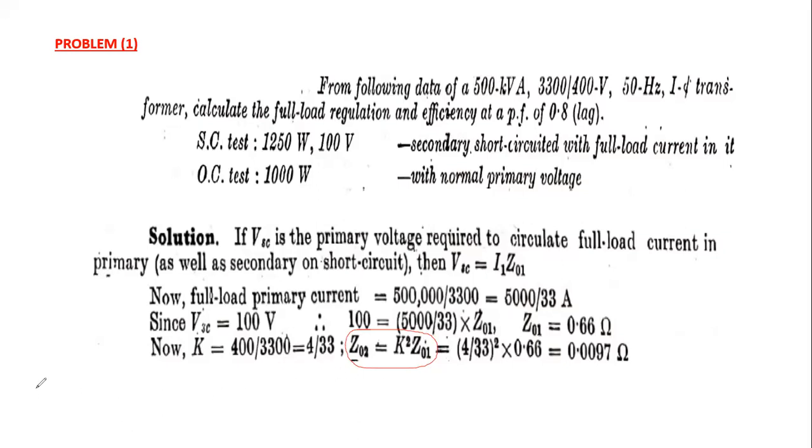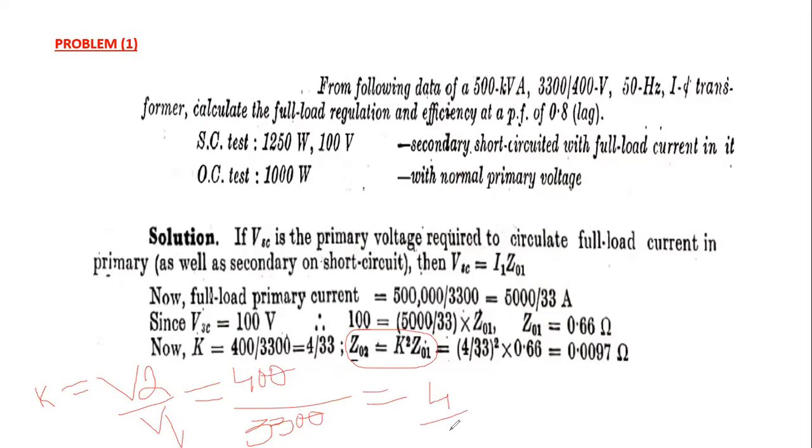K is the transformation ratio, and K is equal to V2 by V1, where V2 is 400 and V1 is 3300. The two zeros get cancelled, and we obtain 4 by 33 as the transformation ratio K.